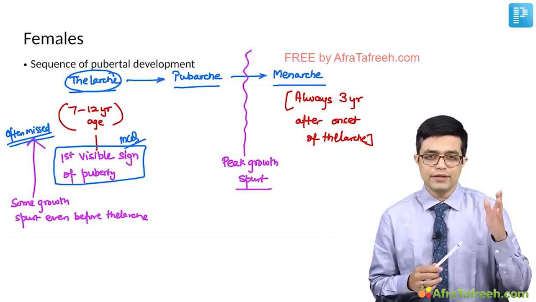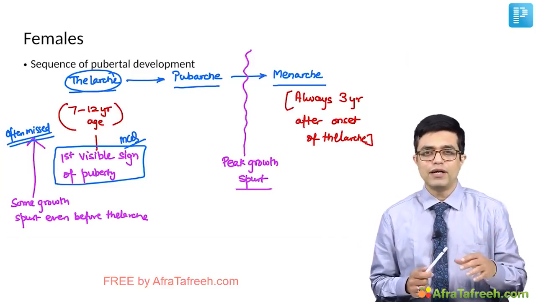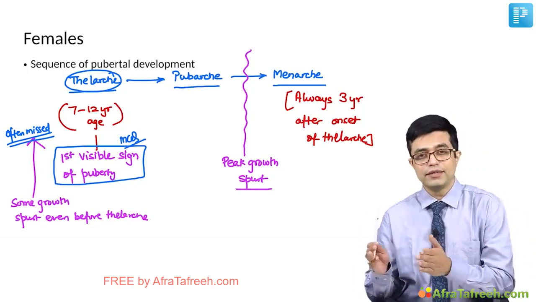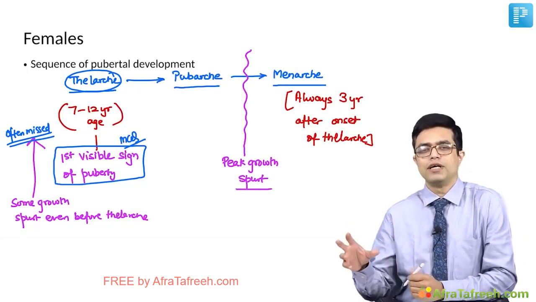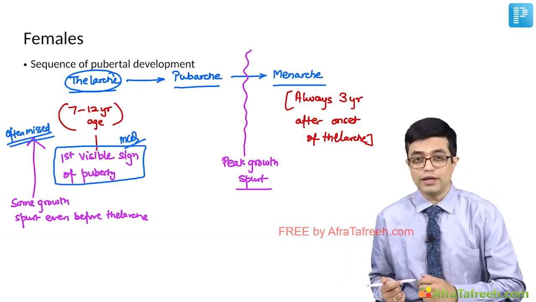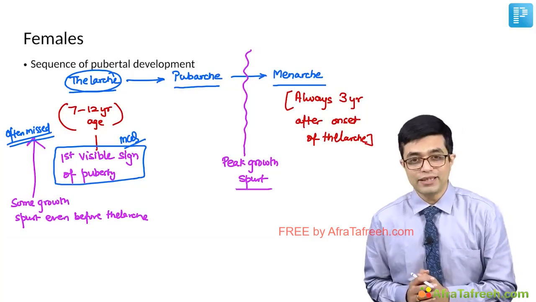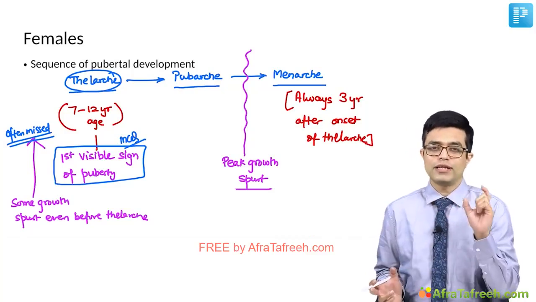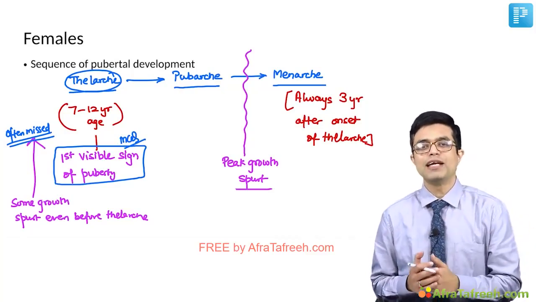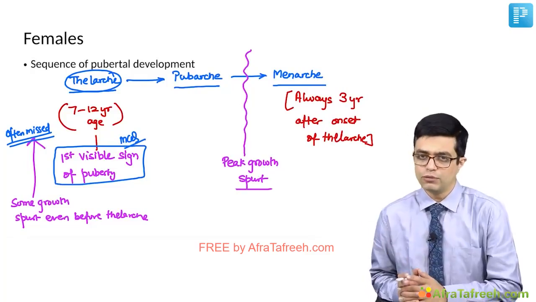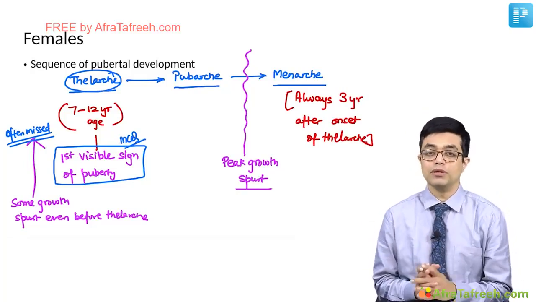Certain girls in the same family tend to have a slightly earlier onset of puberty, and certain girls in the same family have a tendency of showing late onset of puberty. So there is a genetic component to that. And of course, if there is obesity, with increased estrogen production, the onset will occur a bit early. In case of malnutrition or anemias, you may have slightly delayed onset of puberty. So all these factors are known to happen.